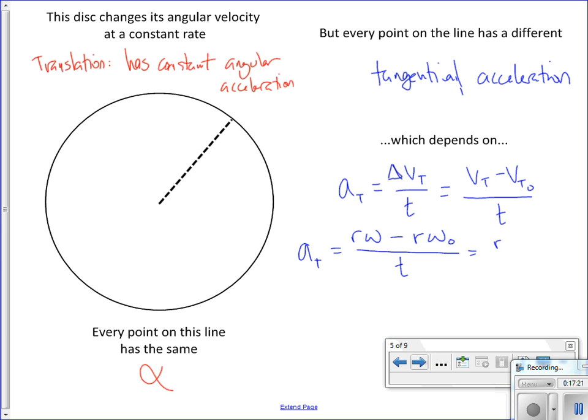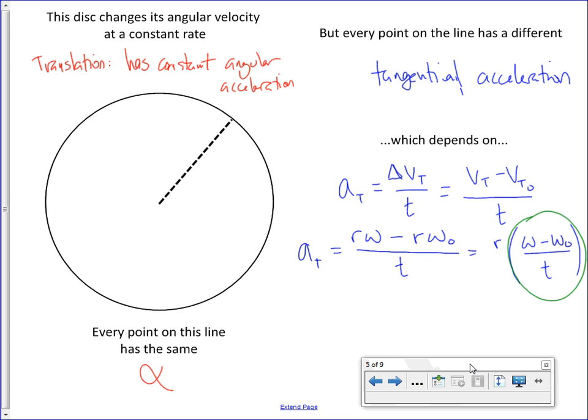Or we can factor out that r and write it like this if we want to, which I do. And then what's this? Well, that's the rate of change of angular velocity. Well, that's angular acceleration. So that means that we can write tangential acceleration as r alpha.